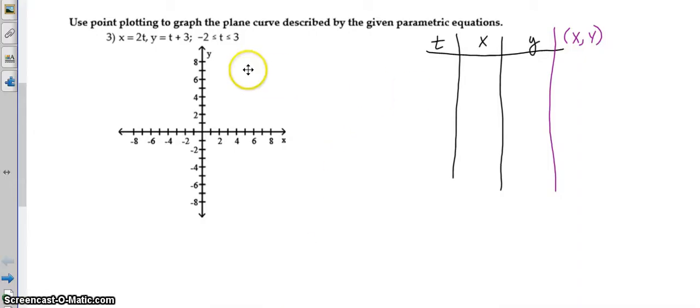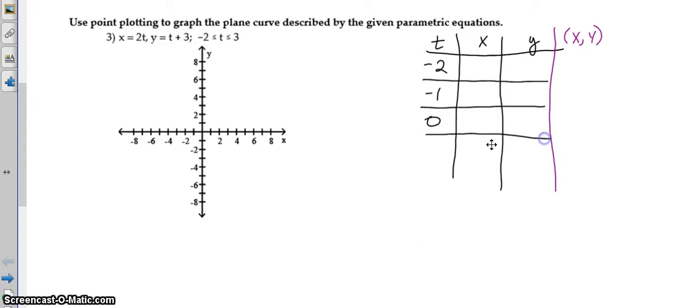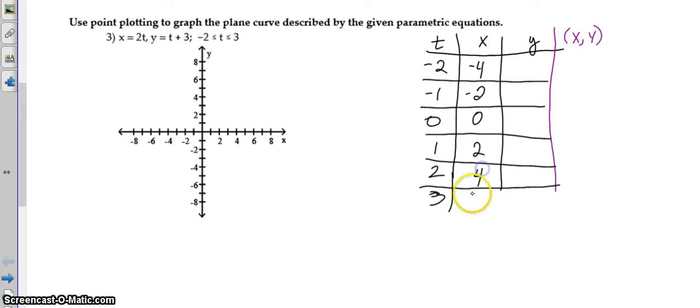So going back to here, we just list nice values for t: negative 2, negative 1, 0, 1, 2, and 3. And then plug it in. So x is 2t, so 2 times negative 2, 2 times negative 1, 2 times 0, 2 times 1, 2 times 2, 2 times 3, again just using that equation.